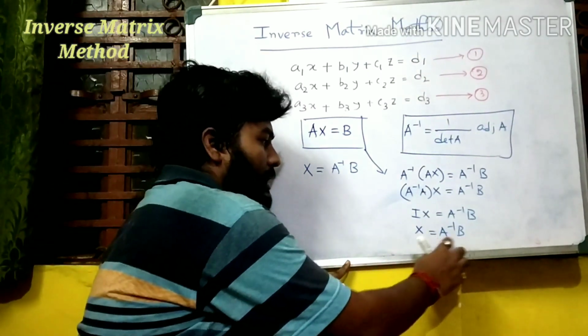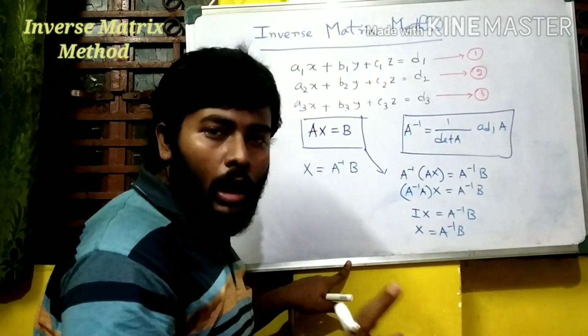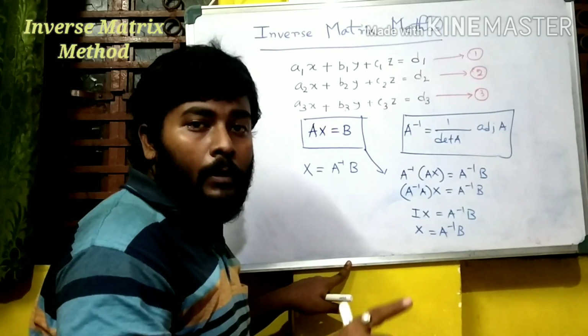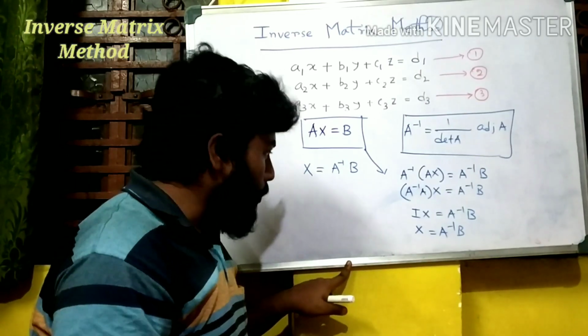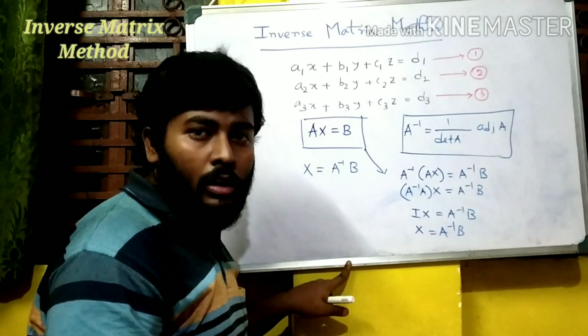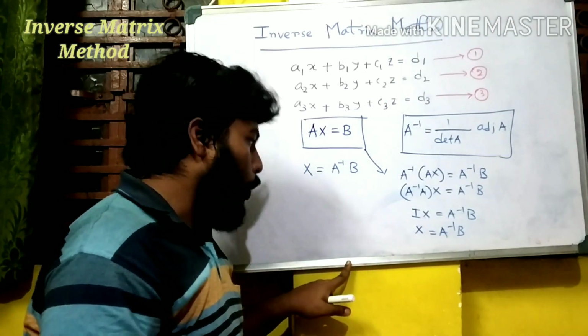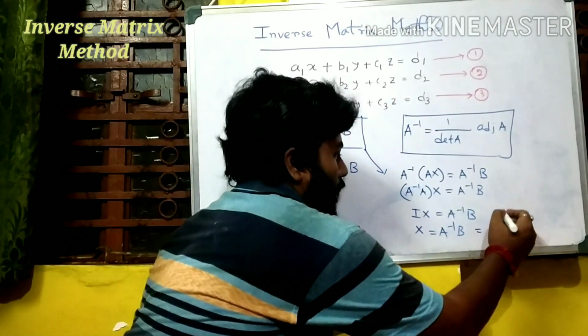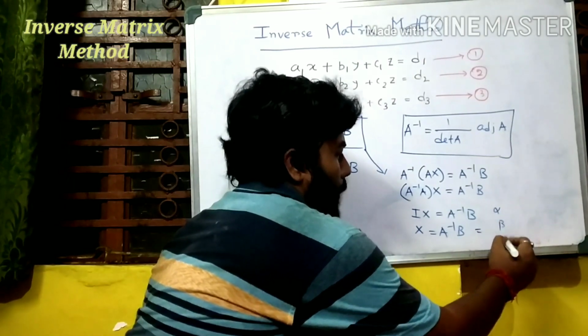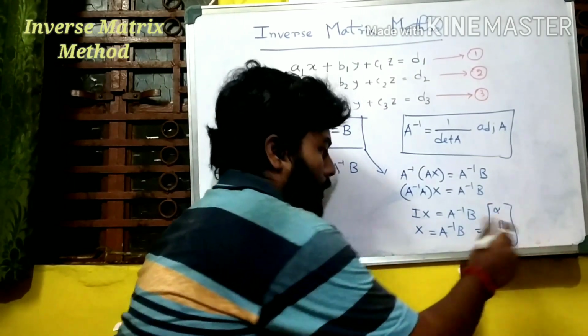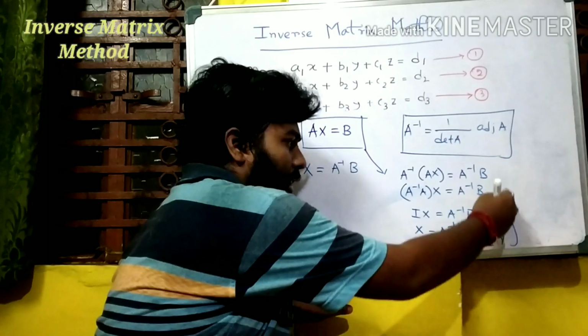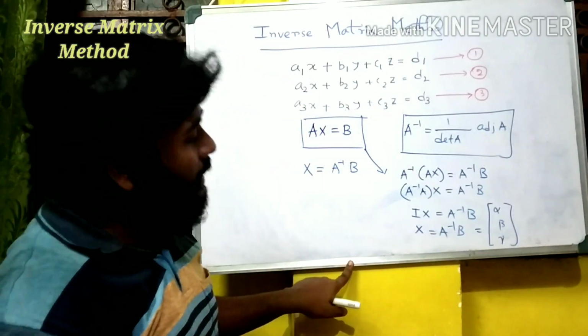Simply, A inverse into B will give us a column matrix of order 3 by 1, like this: alpha, beta, gamma. After calculation we will find these values: alpha, beta and gamma.